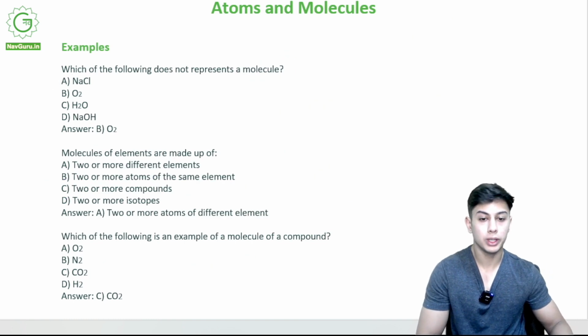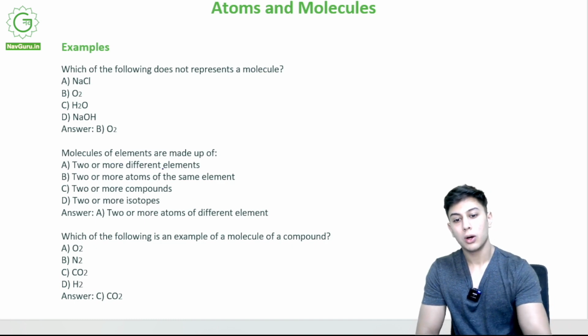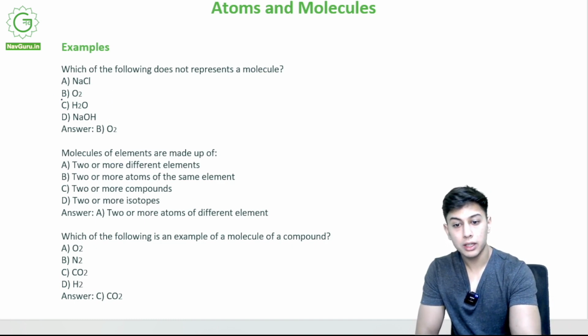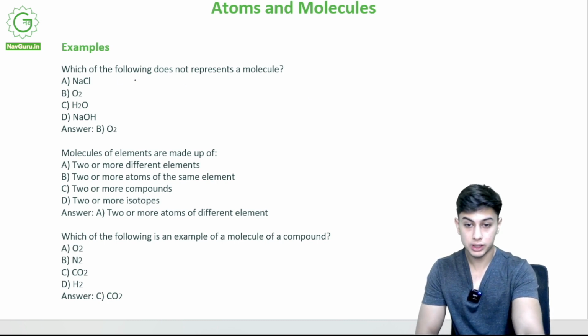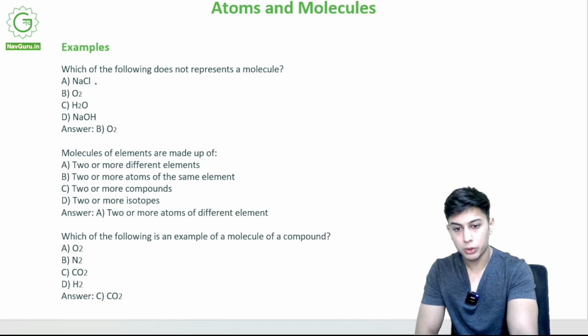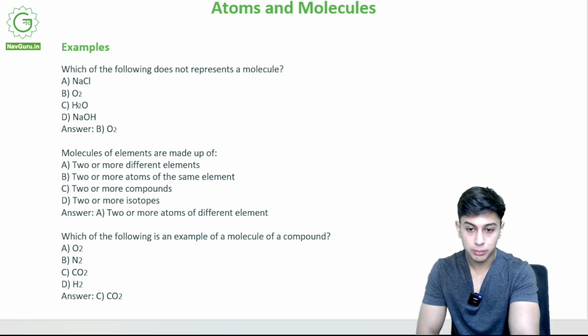Which of the following does not represent a molecule? Although all of these are molecules, we have molecules of compounds, that is different. See, what is the odd one out over here? Molecules are made up of different atoms. NaCl, H2O, NaOH: we see different atoms of different elements.